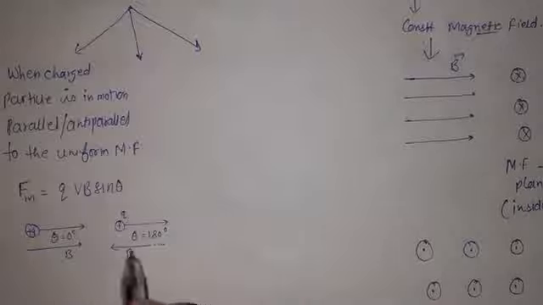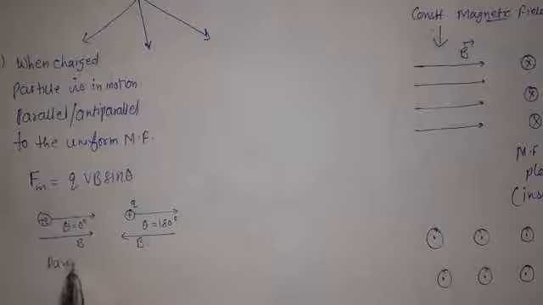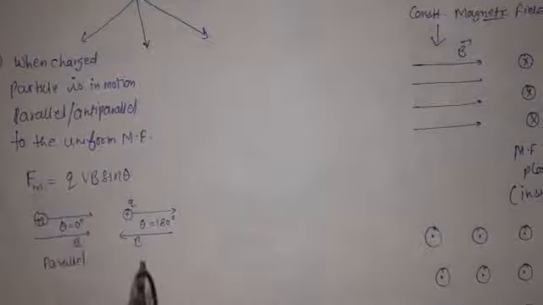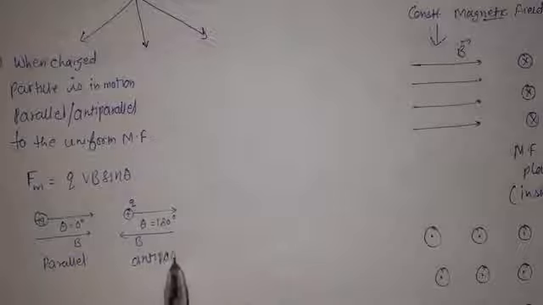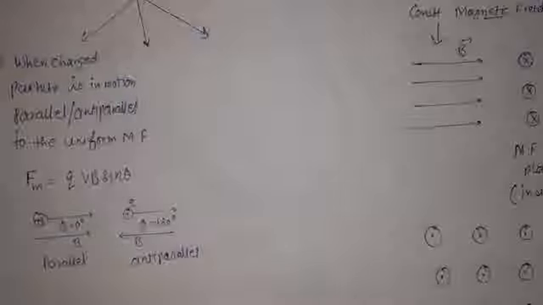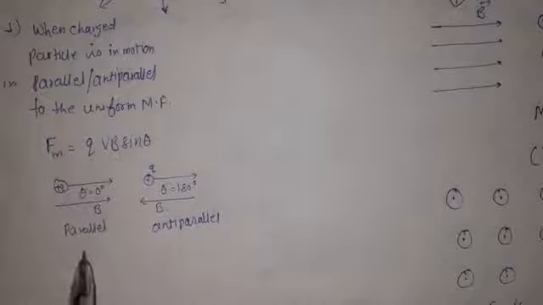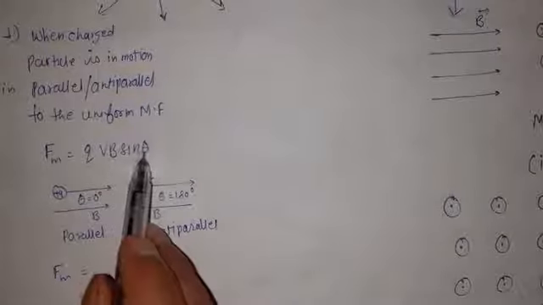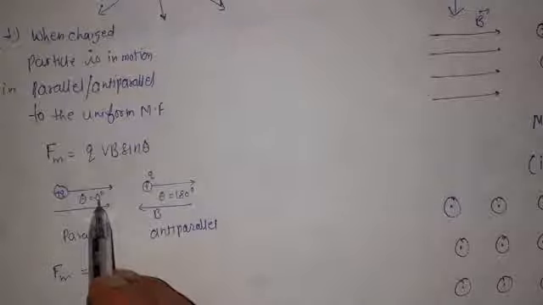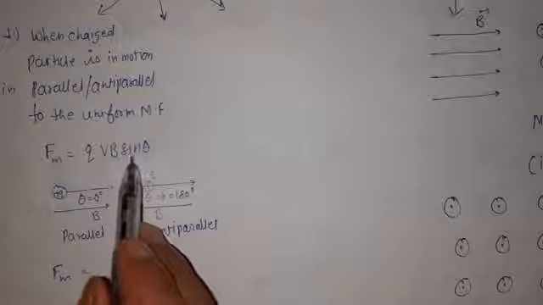So parallel is the case where the magnetic field and motion are in the same direction, while anti-parallel is the case where they are opposite. Now when it is parallel or anti-parallel, the magnetic force has theta equal to 0 degrees. How much is the value of sine 0?